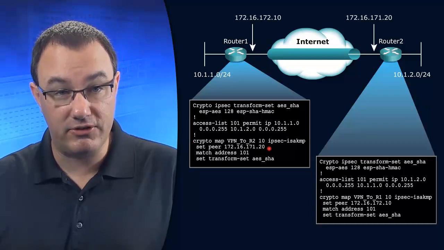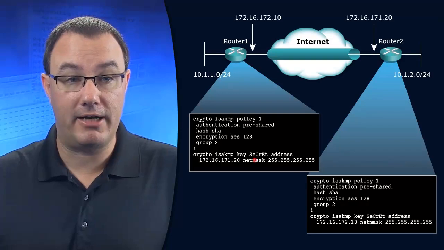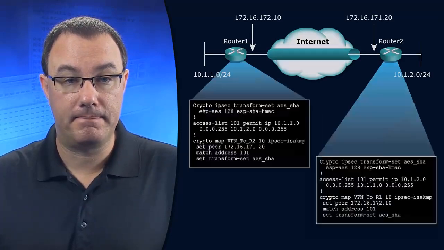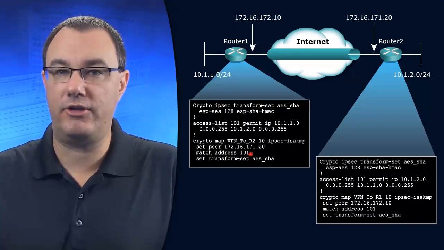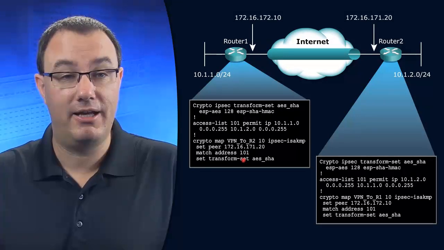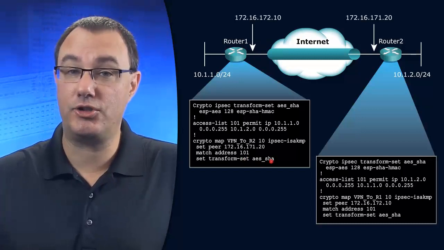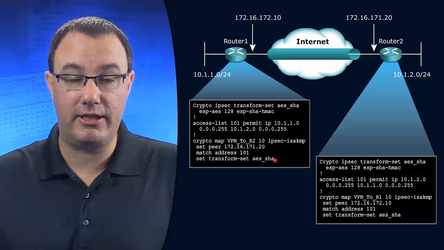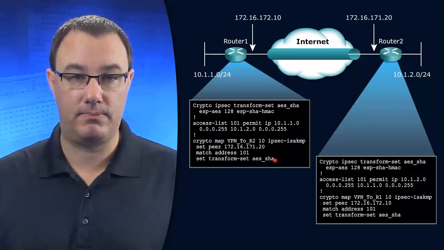So we're referencing something that hopefully does exist. I'll go back. So we reference that peer. We say, I have an ACL 101 that is going to be my crypto ACL. And then we reference the transform set, which really, again, should have been uppercased, but that's the name that we're referencing. This then needs to be applied to an interface.